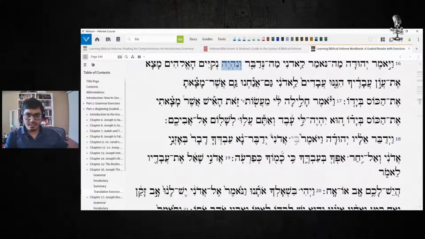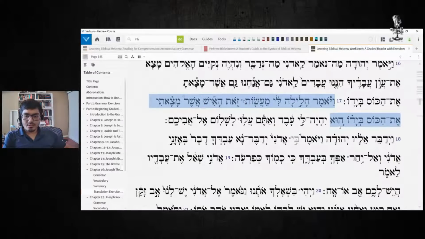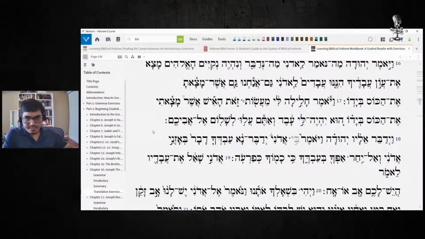And then verse 17, Vayomer chalilah li me'asot zot, ha'ish asher matza'ti et hagavia b'yado hu yihyeh li eved, v'atem alu l'shalom el avichem. So Joseph is saying that only the guilty person will be enslaved.